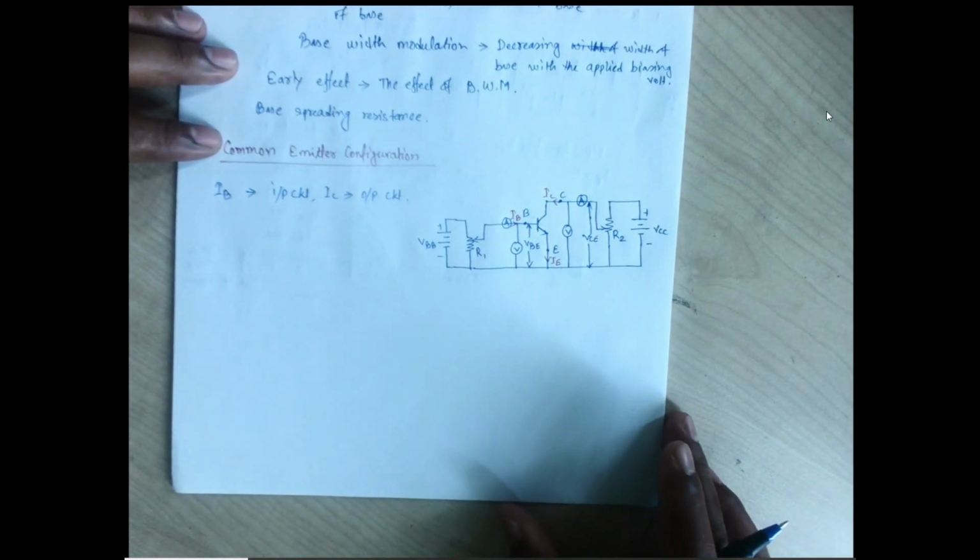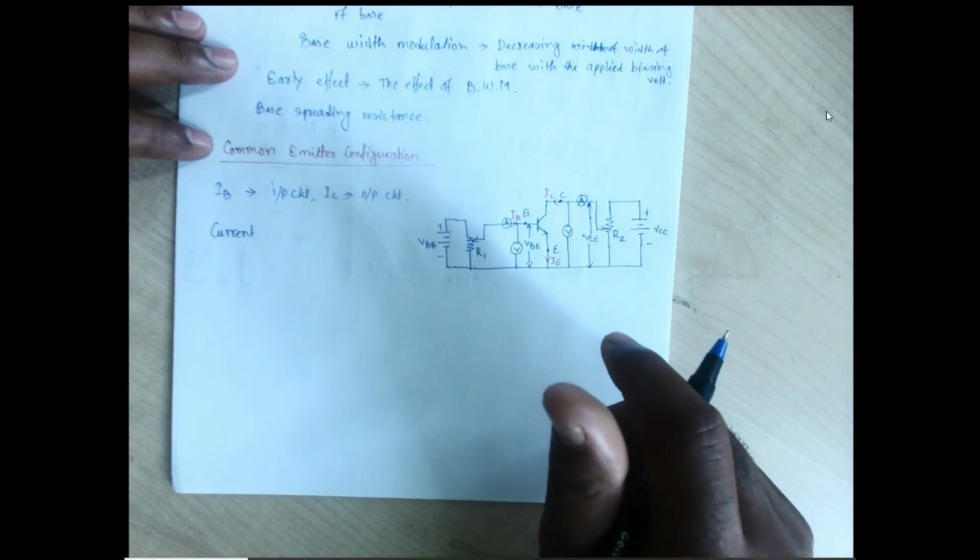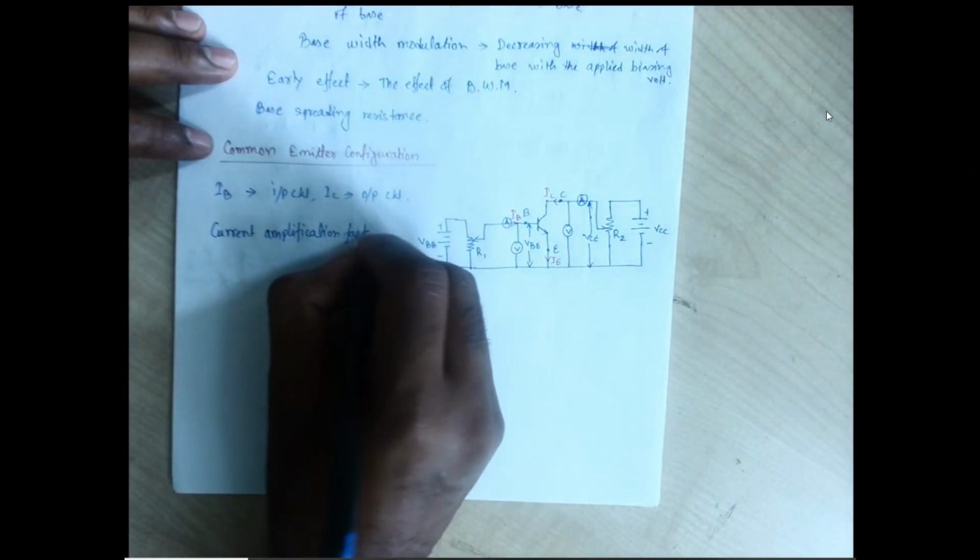Here, what we previously discussed is that the ratio of the output current and the input current is what is known as the current amplification factor beta. Previously we saw it as the transportation factor. Now for this common emitter it is known as the current amplification factor beta, that is output current by input current.